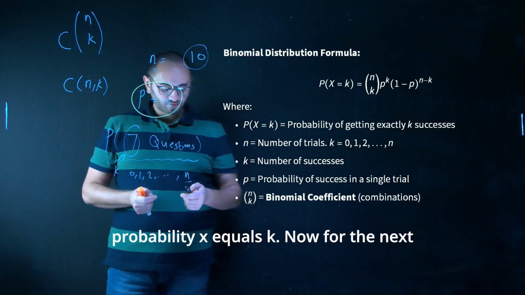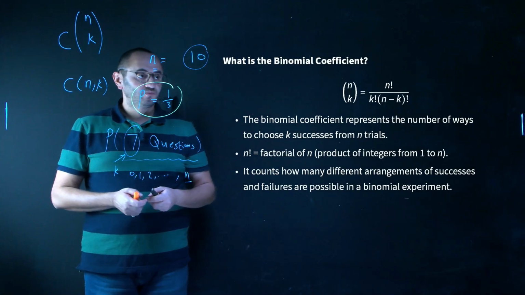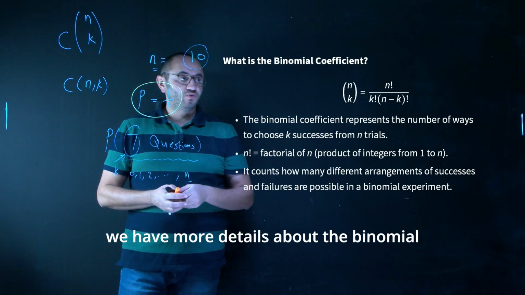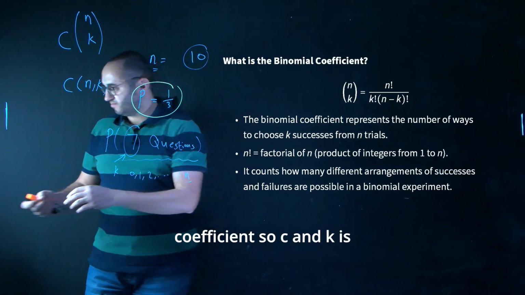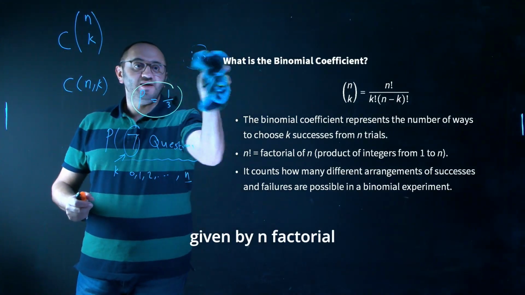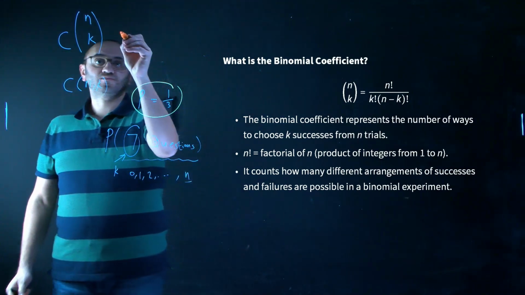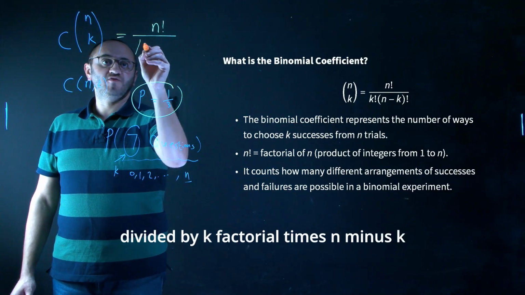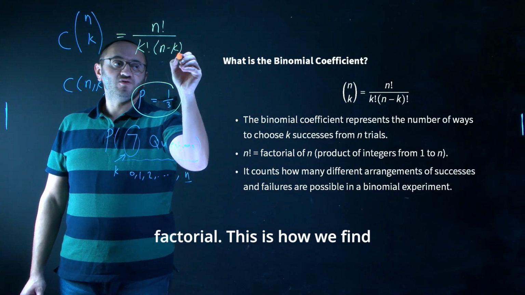Now, for the next part, we have more details about the binomial coefficient. So C(n, k) is given by n factorial divided by k factorial times n minus k factorial.